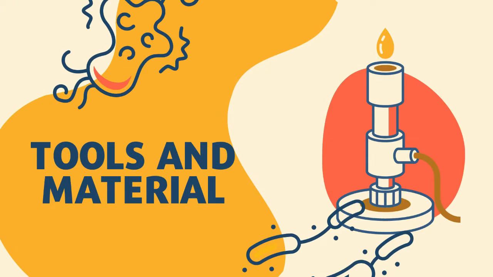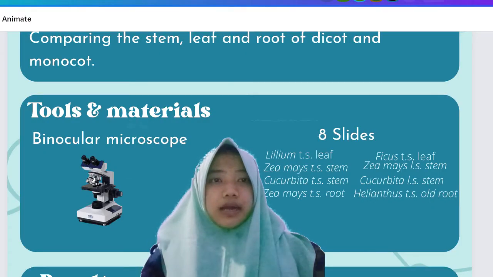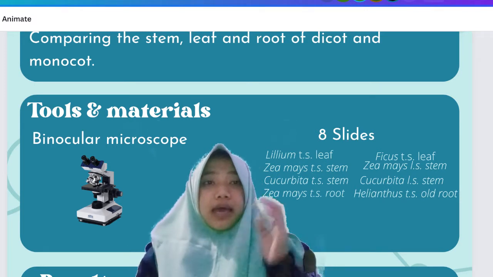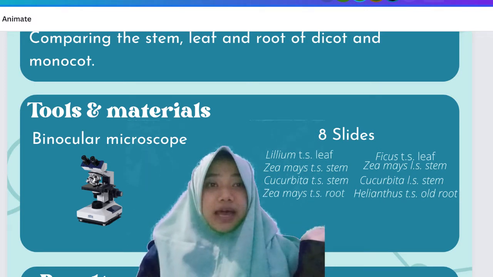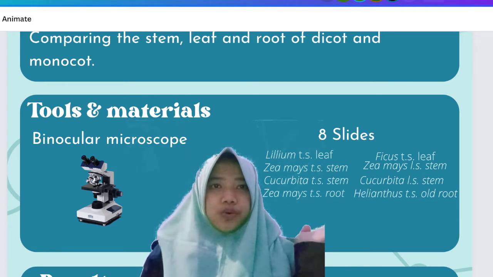Alright, the objective of this experiment is comparing the stem, leaf, and root of dicot and monocot. For the tools and materials, there are a monocular microscope and slides consisting of lilium leaf, zeamice, cucurbita, zeamice root, zeamice stem, and cucurbita stem.